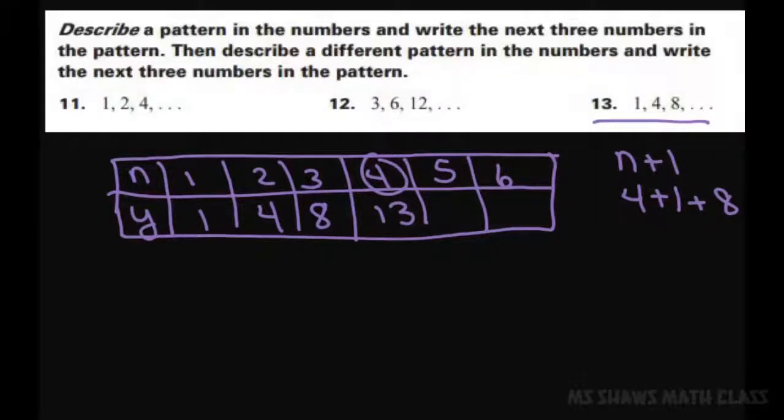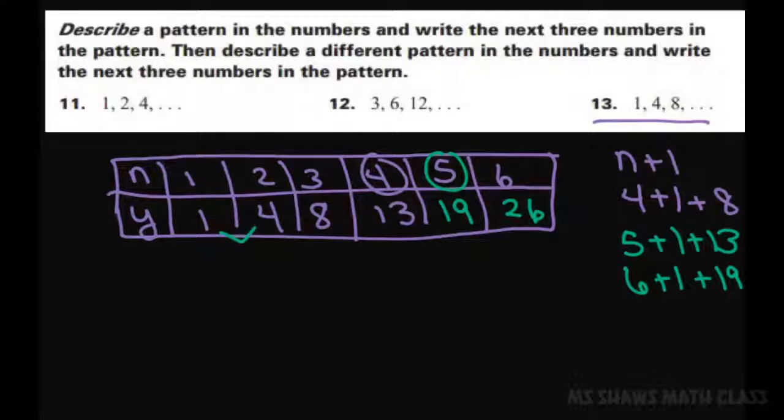For the next one, we would do 5, because this is your n, plus 1 plus 13. That's going to give you 6 plus 13, which is 19. And then we're going to do 6 plus 1 plus 19, and that gives you 7 plus 19, which gives you 26.